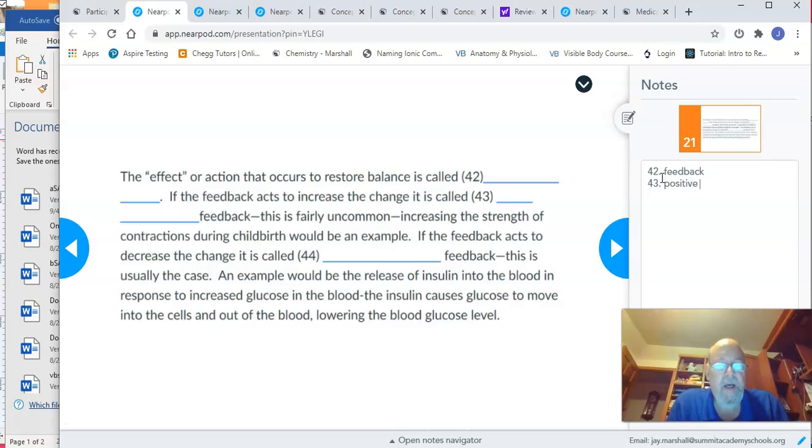But there is one common example, or one example that's commonly given, and that's childbirth. Once I start childbirth, I want the process to continue. I want the process to continue to strengthen, right? I don't want it to stop. I want it to keep going so that we can actually deliver the baby. So childbirth is an example of positive feedback.